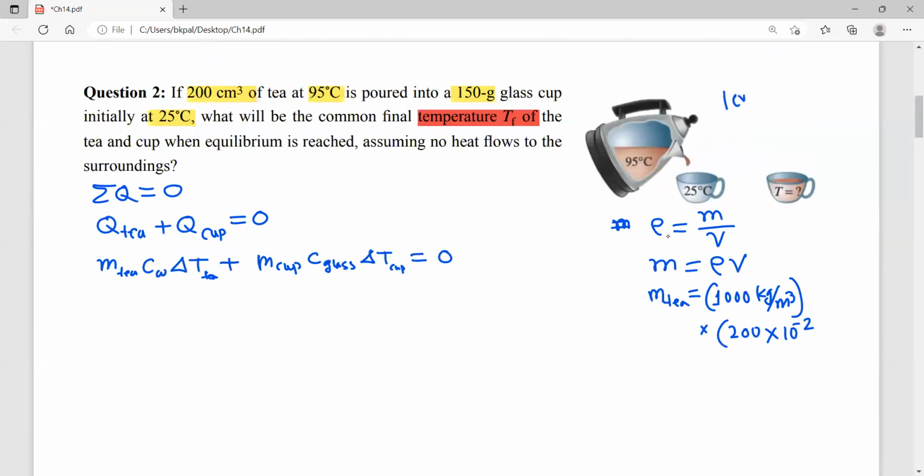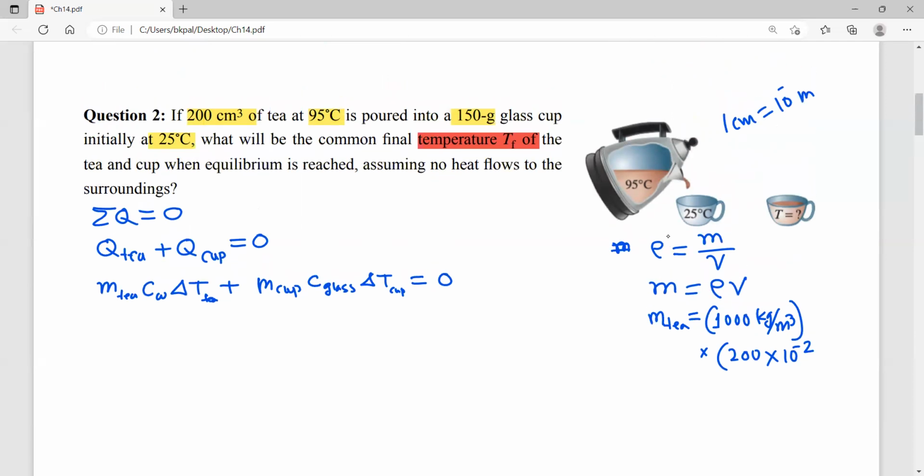One centimeter is equal to 10 to the power minus 2 meter. So using this you can show that you need basically 3 times this, and that is meter cube.